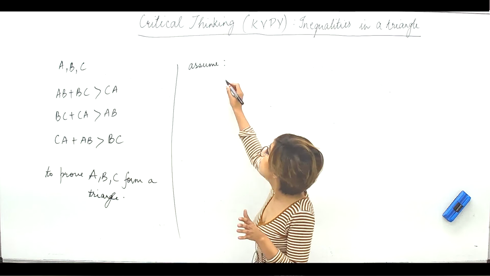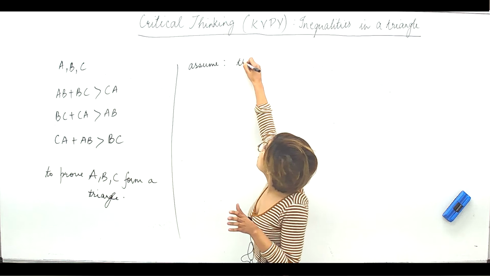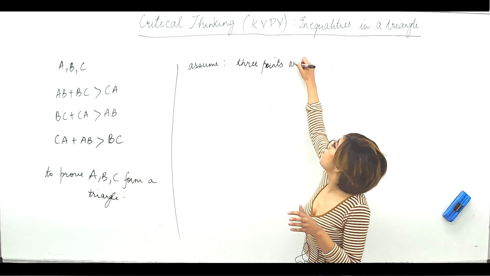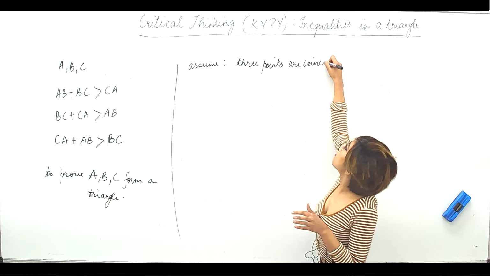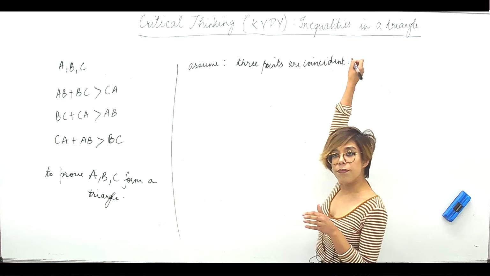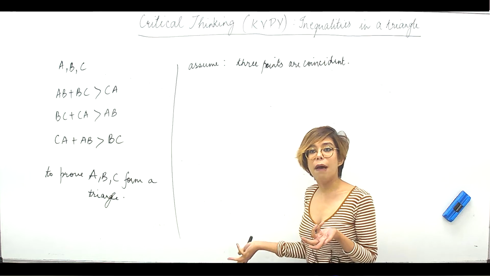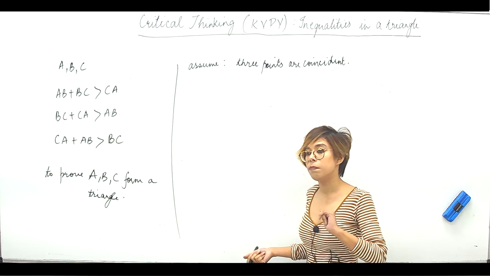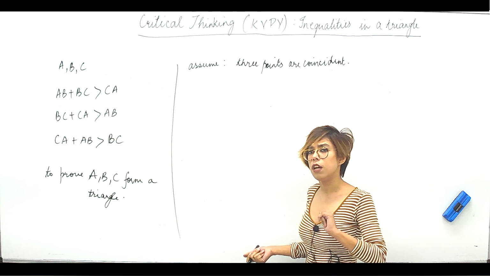Let's try them. First is, 3 points are coincident. Contrary to points forming a triangle, obviously first one will be all 3 are coincident. So, what will the second one be?